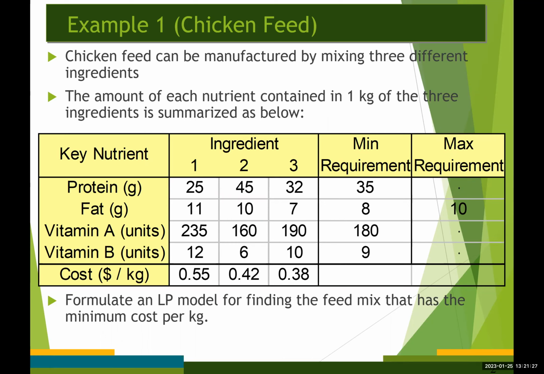Okay? And each ingredient contains 4 different key nutrients. They are protein, fat, vitamins A and B. And the amount of each nutrient contained in 1 kilogram of the 3 basic ingredients is summarized in this table.